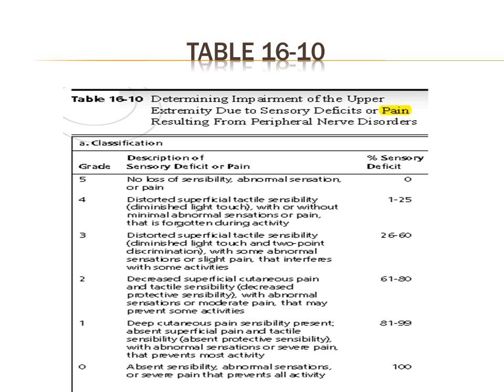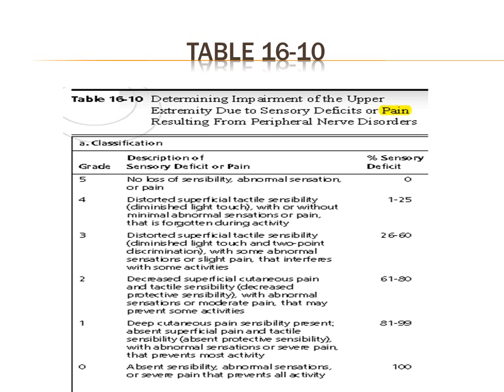Here the classification system goes from a grading of 5 to a grading of 0, with a grading of 5 basically indicating normal function, and a grading of 0 basically indicating an absence of function. As we go through the definitions of each of these gradings, I want you to mentally think about which grading describes the majority of the examinees that we are going to encounter.